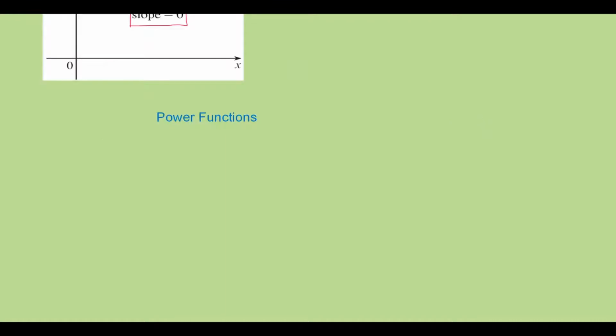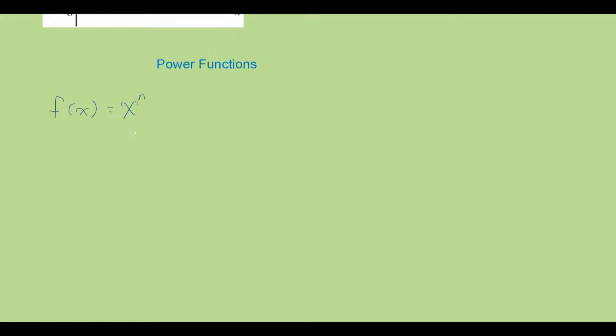Okay, so the next type of function we're going to look at is the power function. The power function takes the form of f of x is equal to x to some power of n. Of course, we can apply the definition of the derivative to figure out what the formula is, but let me give it to you first. So f of x is equal to x to the power of n. To find f prime of x, all you need to do is bring down the power n.